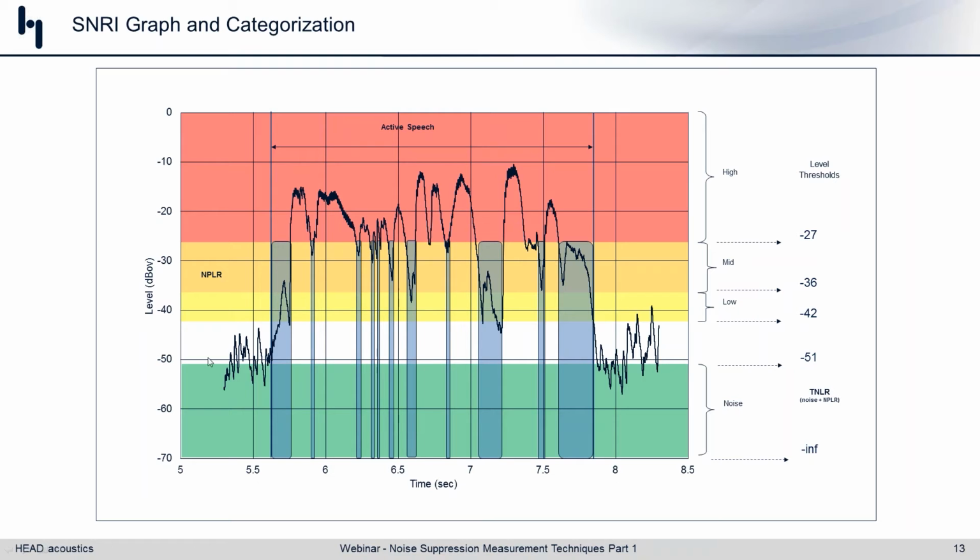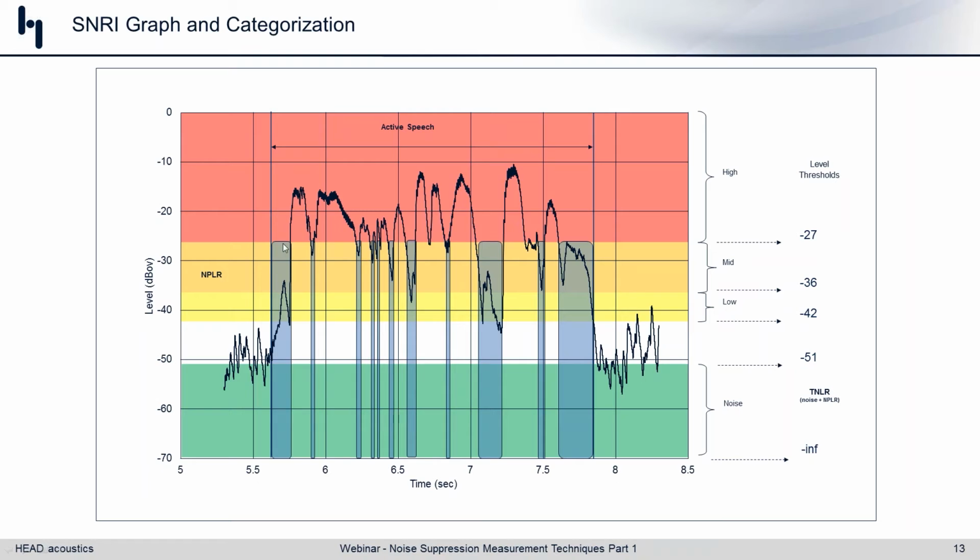Then we go ahead and look for everything that is below minus 51 dBOV, and we call that noise. So anything down here in the green is what we would consider the noise portion. Then we say, let's find all the speech between minus 36 and minus 42 dBOV, and we call that the low speech. We find the mid speech, and then we find the high speech.